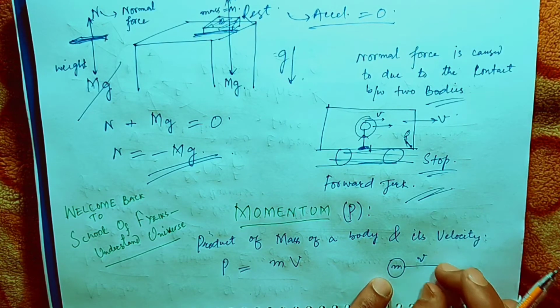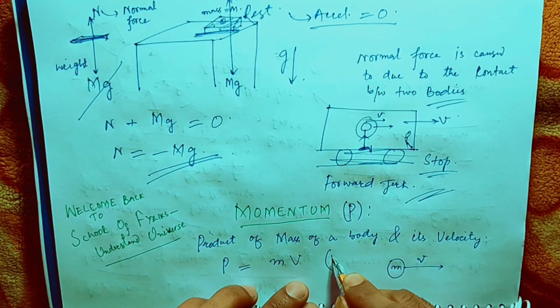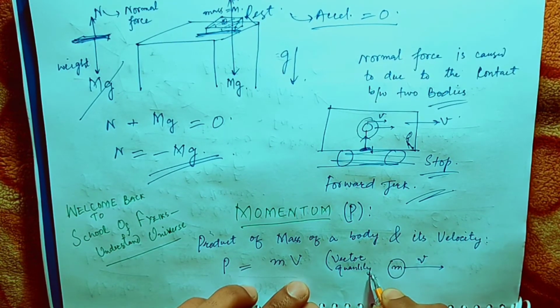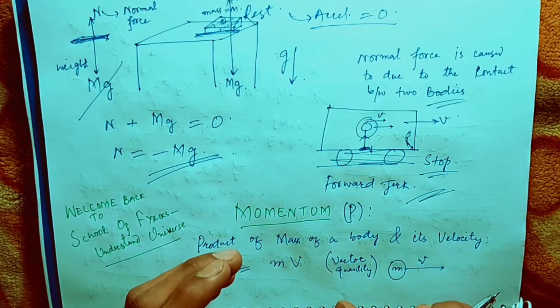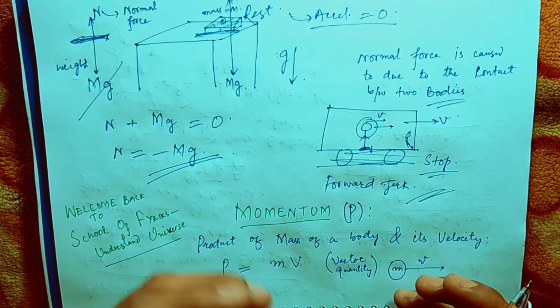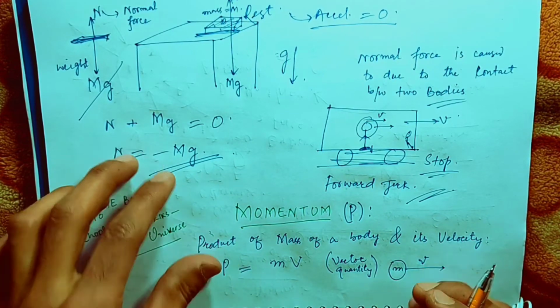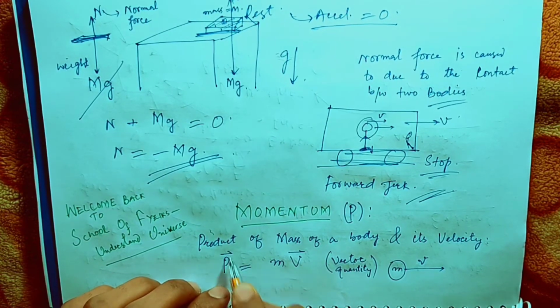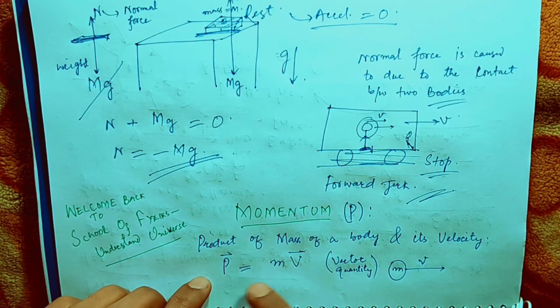Also, this is a vector quantity. You might be well aware of vector quantities: a physical quantity that can be measured but also possesses a specific direction. In the case of momentum, the direction is that of the velocity, so the direction of the velocity is the direction of the momentum of that body.